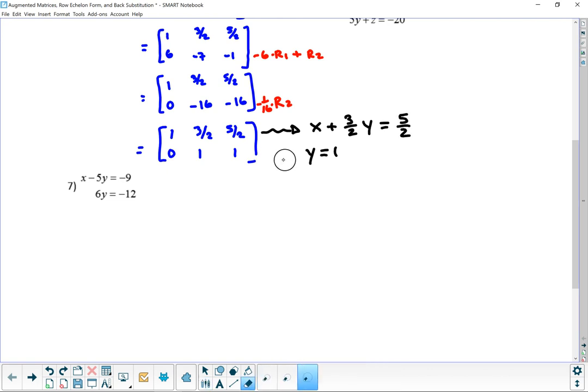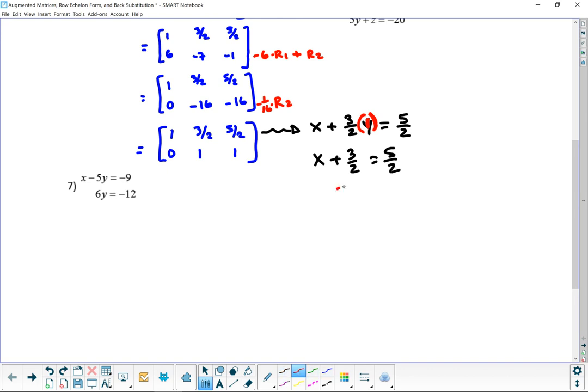I'm going to get rid of that bottom equation because it's taking up valuable space. I know y is 1, so I put a 1 in place of the y. 3/2 times 1 is just 3/2, so my equation is x plus 3/2 equals 5/2.